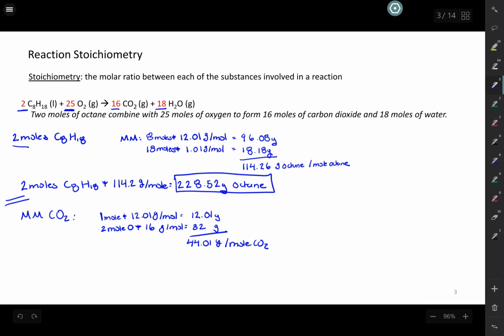And we know from the balanced chemical equation that our stoichiometric ratio between octane and CO2 is 2 to 16.